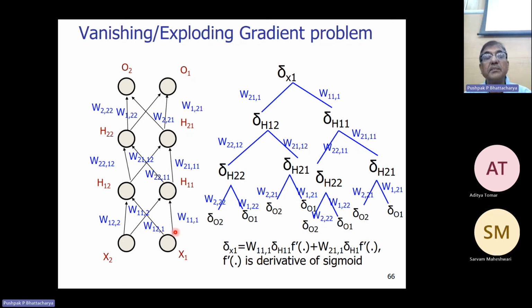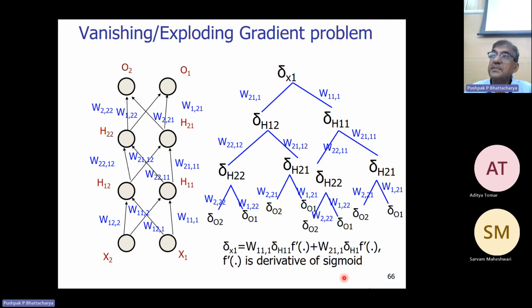So as we move towards the input layer, the delta value becomes smaller and smaller, so much so that after some time, the change in weight becomes negligible. After a point of time, the layers will not see any change in weight, thereby the learning will be impacted very badly. So this is called the vanishing gradient problem. What vanishes is the delta value because of the accumulated multiplication of the activation derivatives.